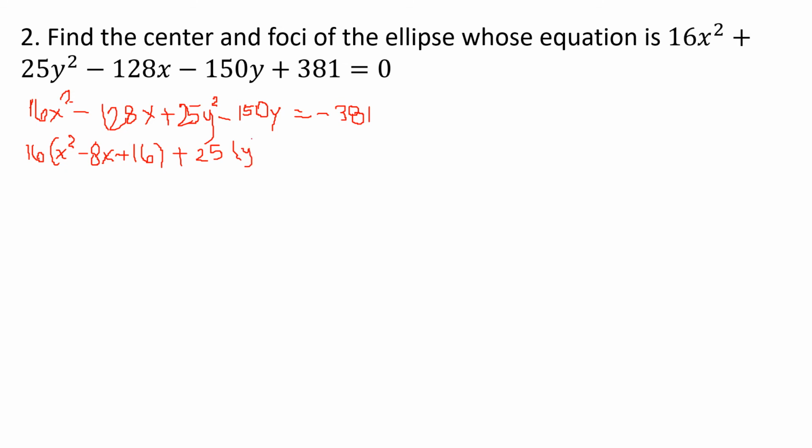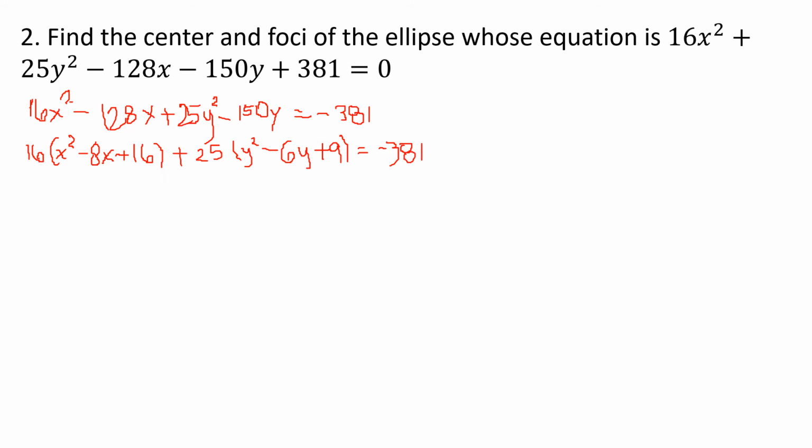So we have y squared minus 150 divided by 25, that is 6y. Negative 6 divided by 2 is negative 3, and negative 3 squared is 9, equals negative 381.